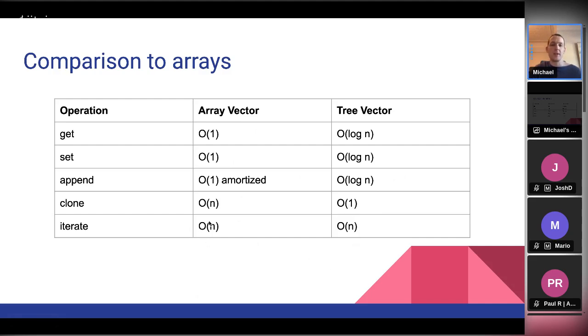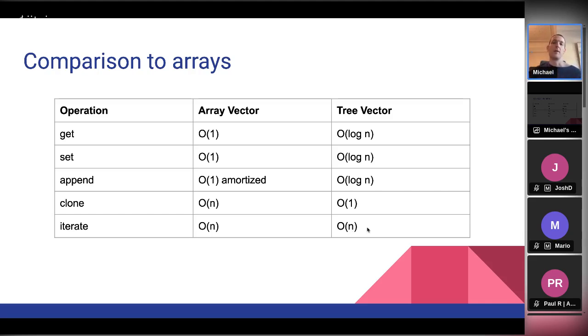And then iteration is interesting. They're both O(n), so they're both proportional to the number of elements in the list. But in the tree case, the constant factor is quite a lot larger, because you have to do this big tree traversal where you go all the way down to index 0, and then you go up the tree to index 1, and then you go up and down basically a lot, and you have to maintain this stack of nodes that's growing and shrinking.